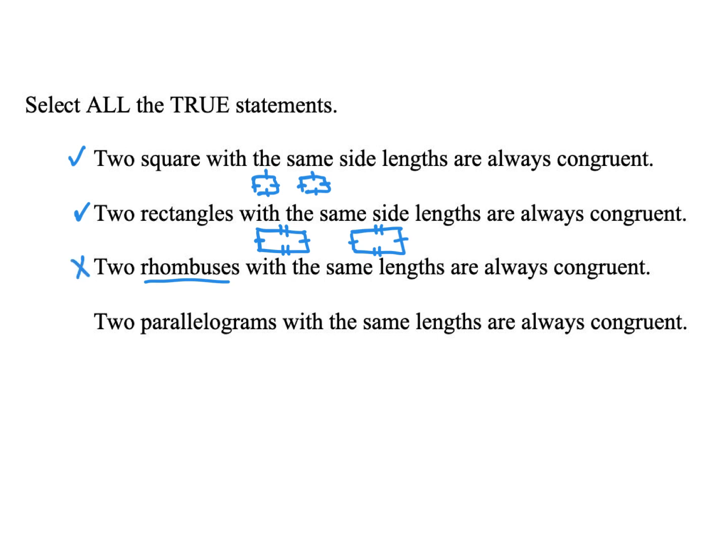So again, as far as a rhombus, it comes down to the angles. I can make the angles of a rhombus bigger or smaller. So just because all the sides of the rhombus are congruent, I can make a rhombus bigger, like the other picture.